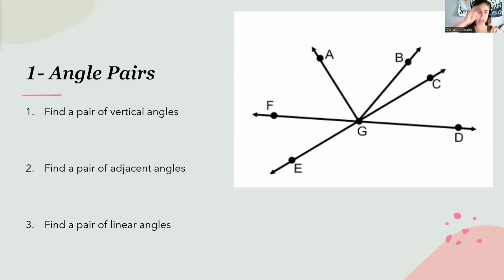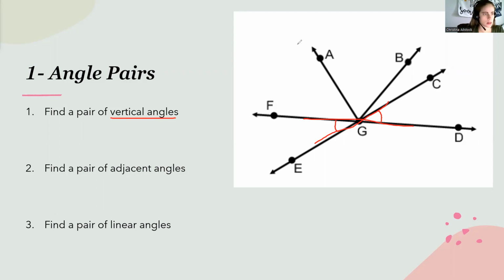So depending on how you look at it, they are vertically stacked. So if we look at this diagram here, I see that this angle and this angle match that requirement. So it forms that X and they are across from each other.